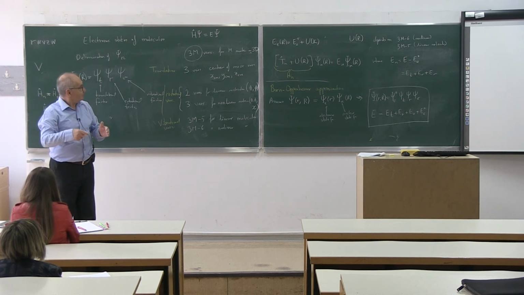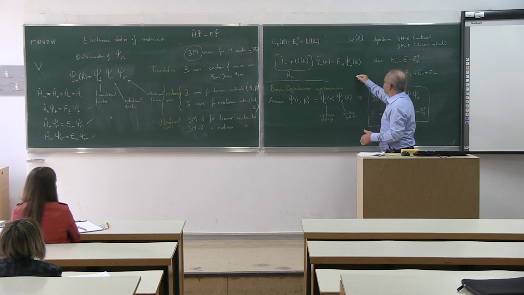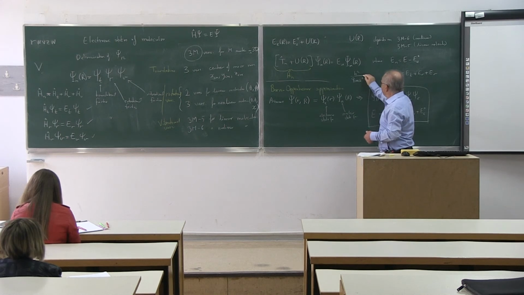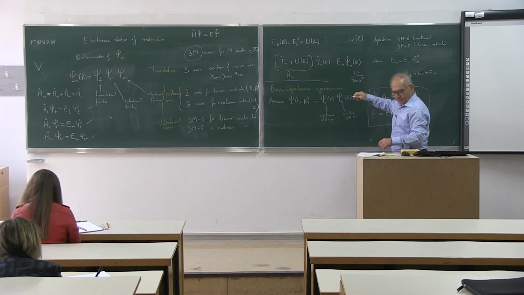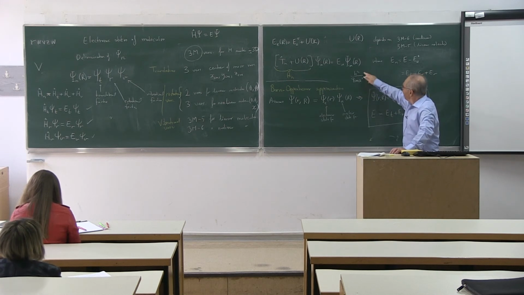Now, if you remember the energy formula for the allowed energies for a single particle moving in a one-dimensional box, it was h squared over 8 m a squared, where a is the size of the one-dimensional box. If a is a macroscopic number, like 1 centimeter even, then the value of this quantity is extremely small.